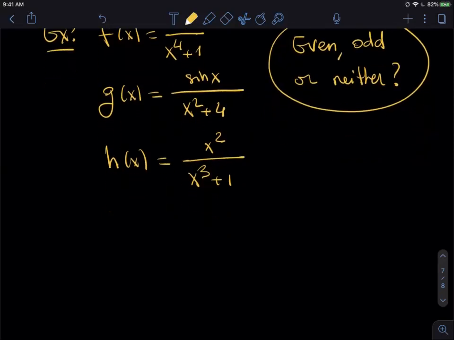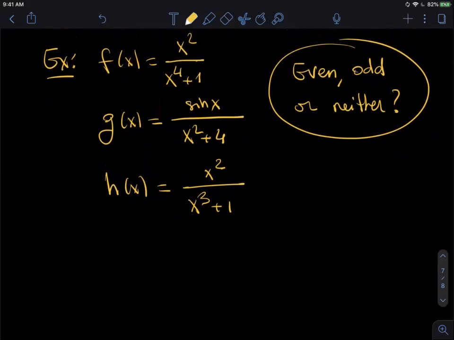So for the first one, f of x, you can now pause the video and try by yourself, but I will do the first one, f of x. Remember what we needed to check in the definition actually is f of negative x equals, let's see what we get, negative x squared divided by negative x to the power 4 plus 1, correct?